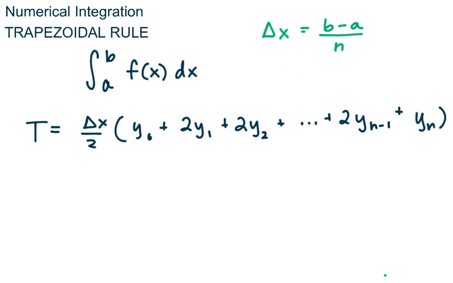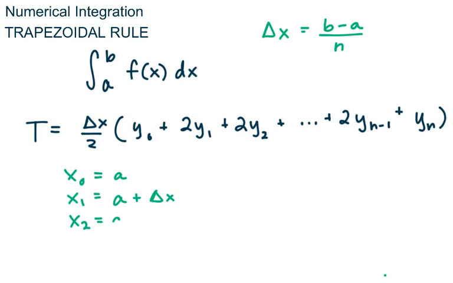So the x values that we would need to determine to plug in and get these output y values can be defined as follows. Our first x value, x sub 0 or x naught, our initial x value, would be a, coming from the left endpoint of my interval, my least value. X sub 1 would be a plus that subinterval length, delta x.